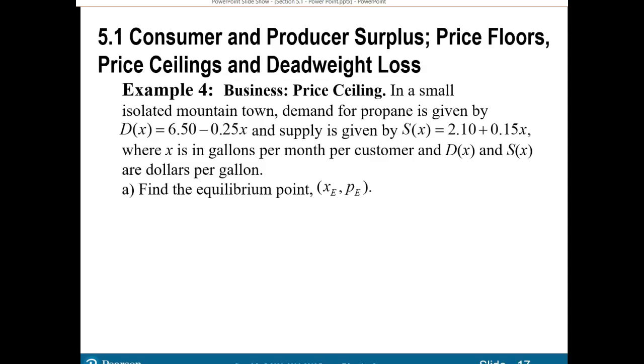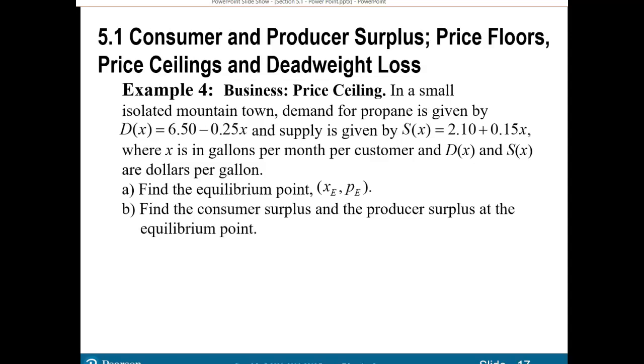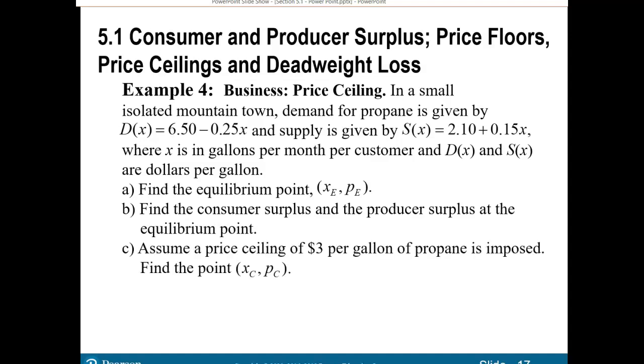All right, we're going to find our equilibrium point. We're going to find consumer and producer surplus at the equilibrium point, just like we did before. We're going to assume a price ceiling of $3 per gallon of propane is imposed, so that's the max price it can be sold for. And then we're going to find the point represented by the x value that gives us that price per gallon.